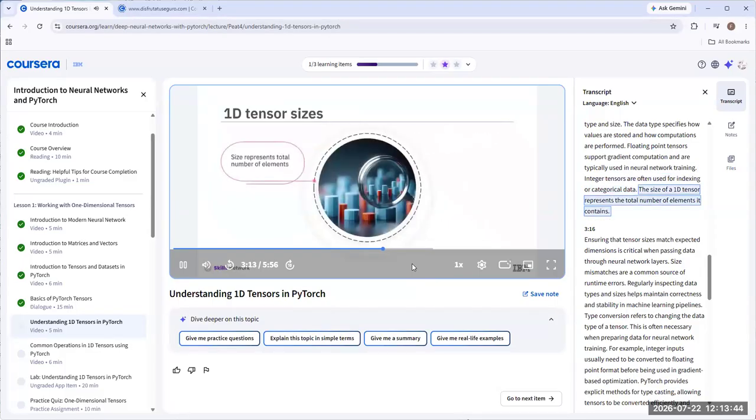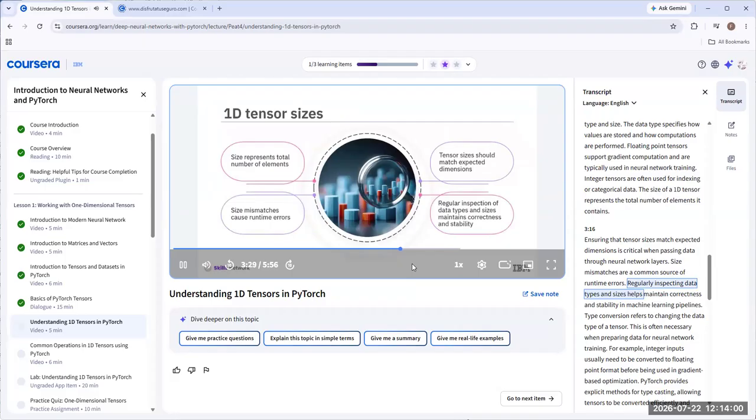The size of a 1D tensor represents the total number of elements it contains. Ensuring that tensor sizes match expected dimensions is critical when passing data through neural network layers. Size mismatches are a common source of runtime errors. Regularly inspecting data types and sizes helps maintain correctness and stability in machine learning pipelines.